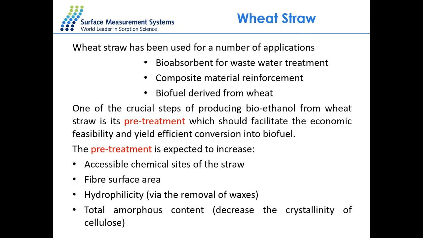What we are doing actually is changing not only the surface chemistry of the material, so the accessibility of chemicals to the surface of the material, but also the total surface area of the material, and the hydrophobicity or hydrophilicity. We are removing waxes from one side, and on the other side, we might also increase the amorphous content of the material.